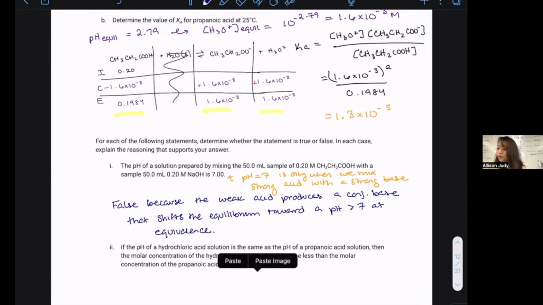Okay. Or you could even say it just shifts the equilibrium toward a pH greater than 7. You don't even have to include the at equivalence. That is totally an optional statement.